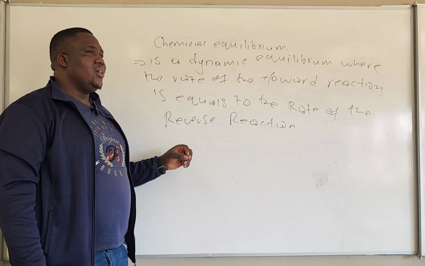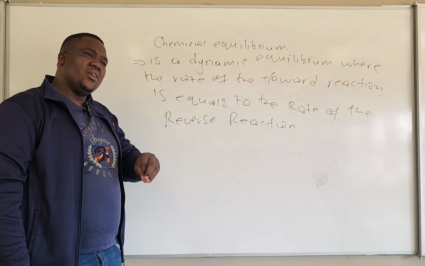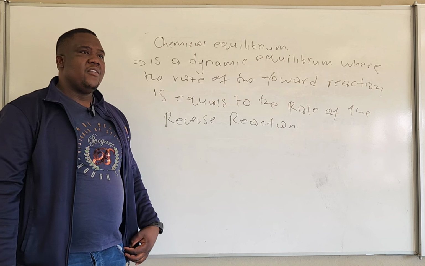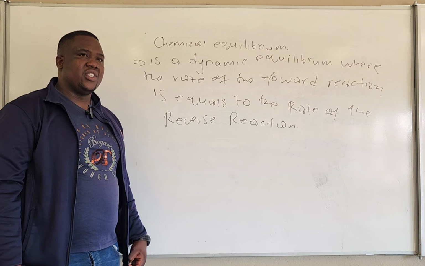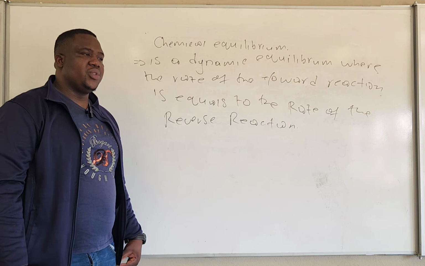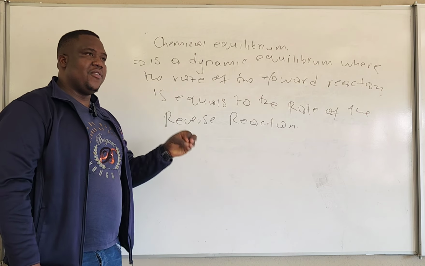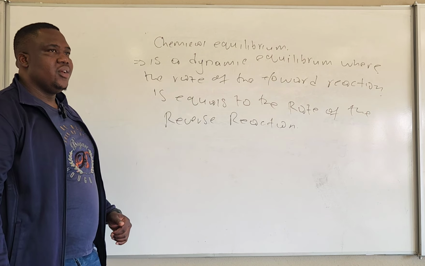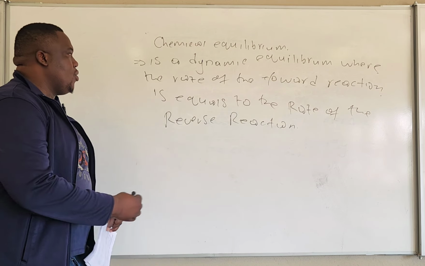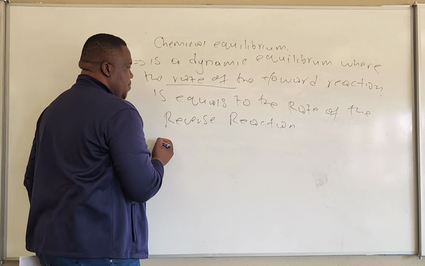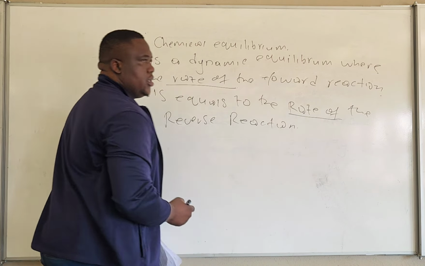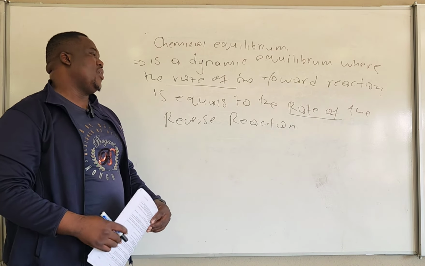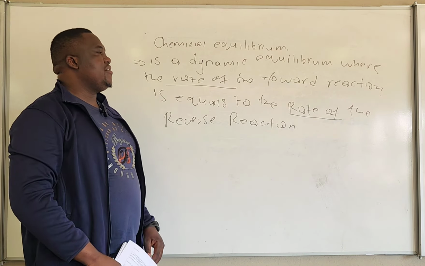We need to say where the rate of the forward reaction is equal to the rate of the reverse reaction. So take note, do not leave out the words "rate of". So chemical equilibrium is a dynamic equilibrium where the rate of the forward reaction is equal to the rate of the reverse reaction.